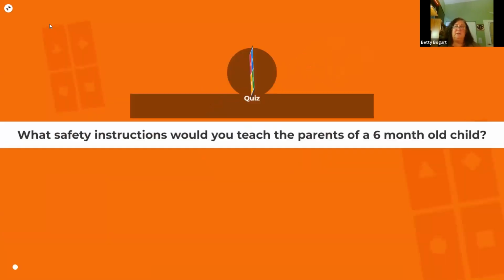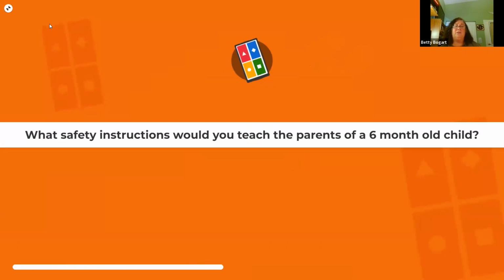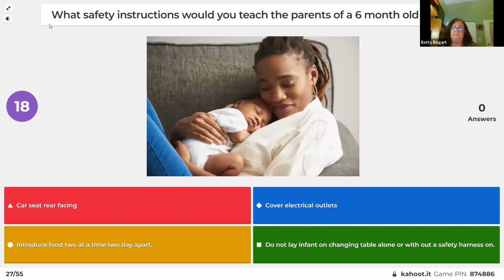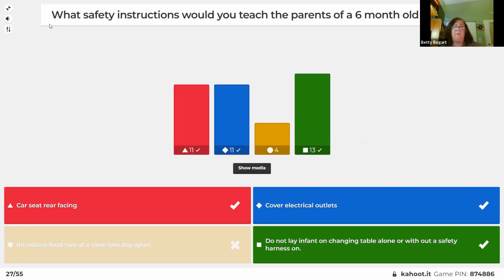A multi-select. What safety instructions would you teach the parents of a 6-month-old child? Well, what developmentally should a 6-month-old child be able to do? If we look at those developmental stages, these children should be able to roll over completely, right?